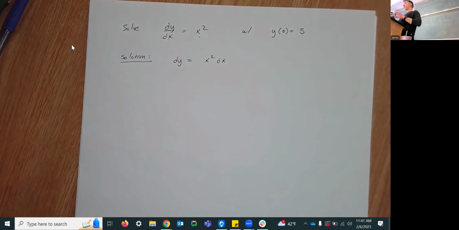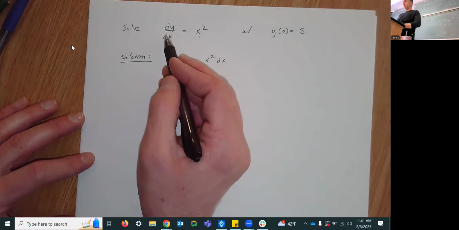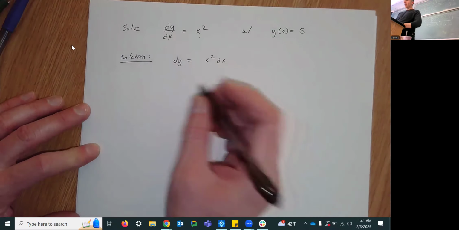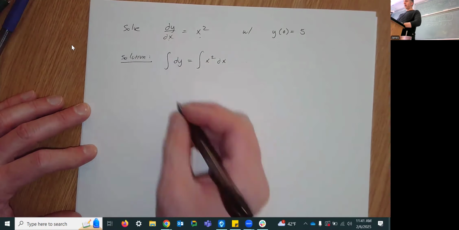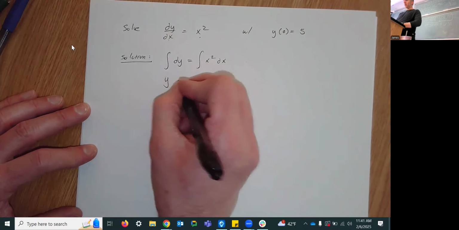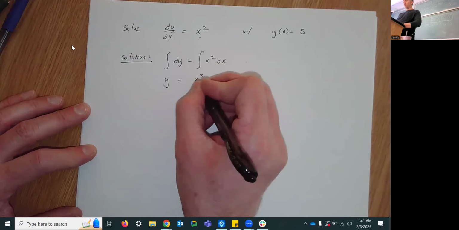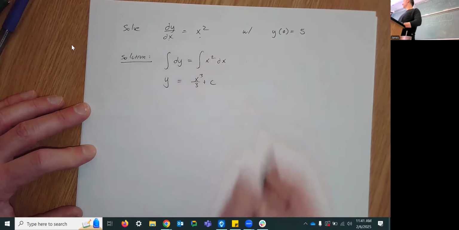Your dy or dx has to not be in the denominator. So we multiply both sides by dx, and then you integrate both sides. The integral of 1 dy is just y. The integral of x squared is x cubed over 3 plus c.